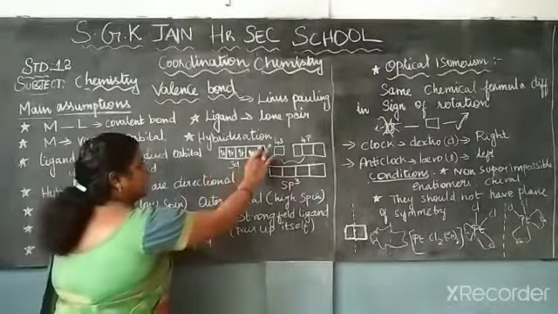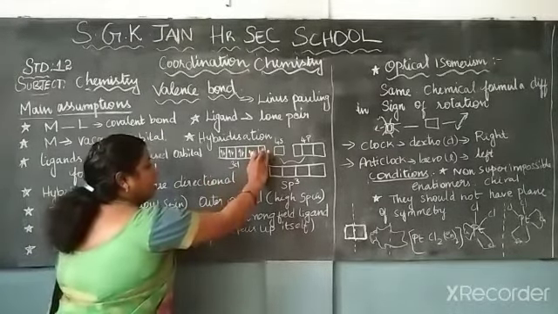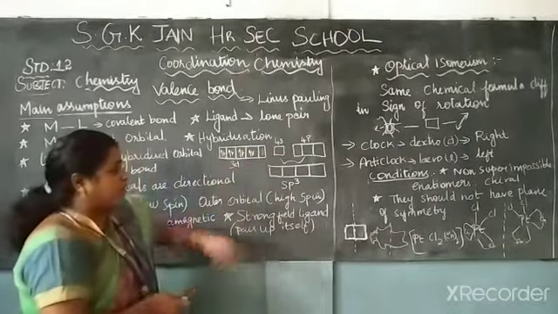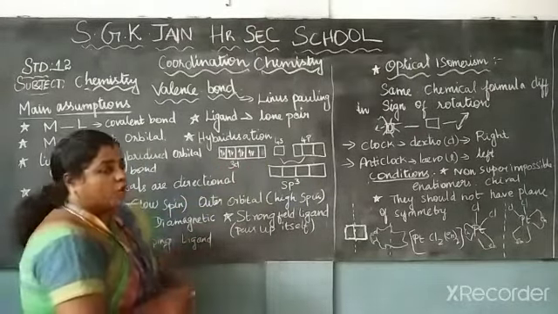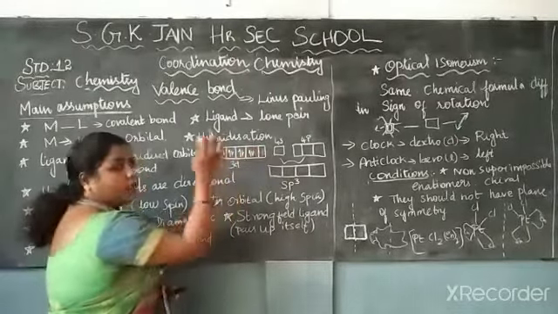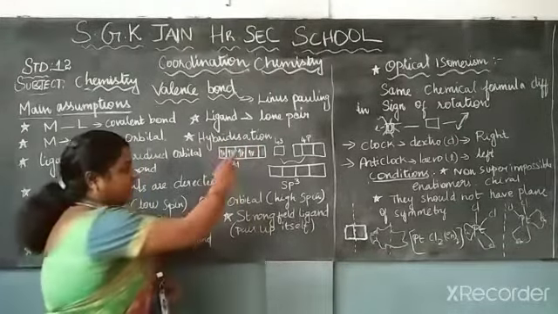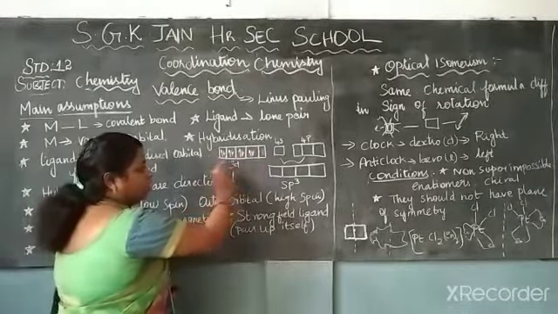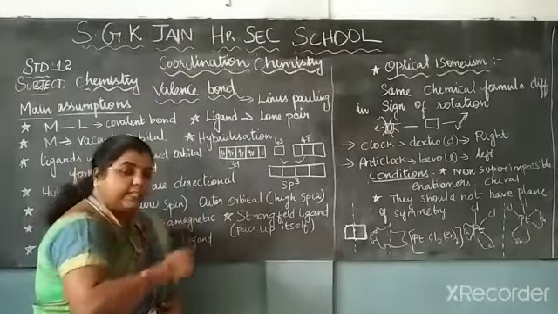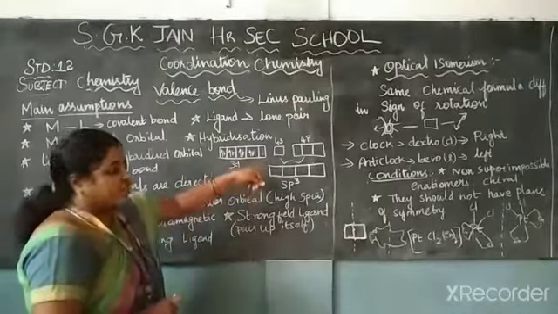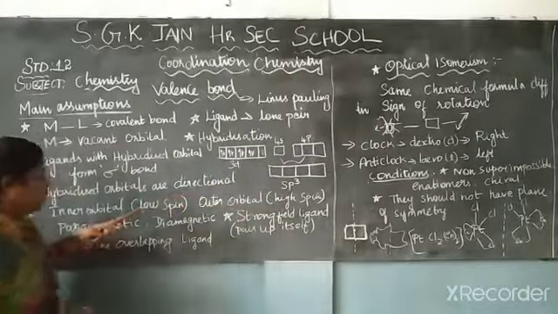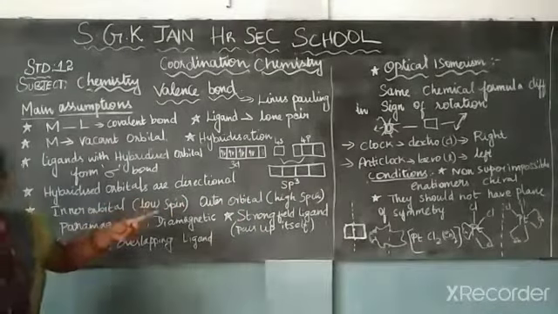In some cases, if the d orbitals are empty, the ligands donating the electrons can be accepted there. If the vacant orbital is present in the d orbital, it is called an inner orbital, which exhibits low spin, and the outer orbital exhibits high spin.